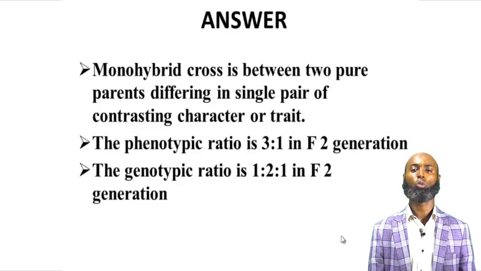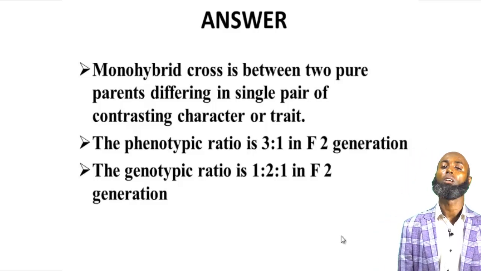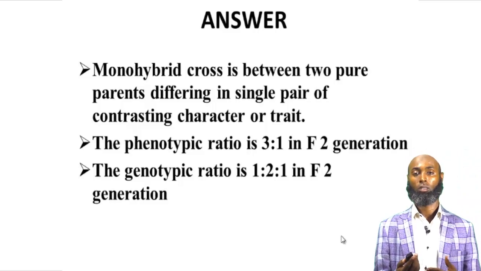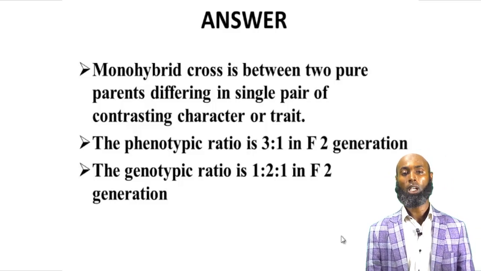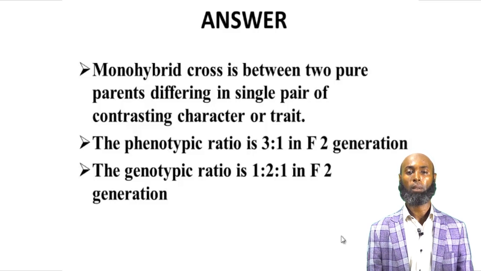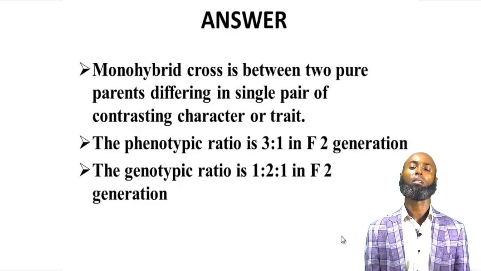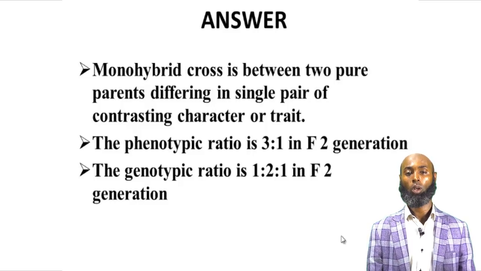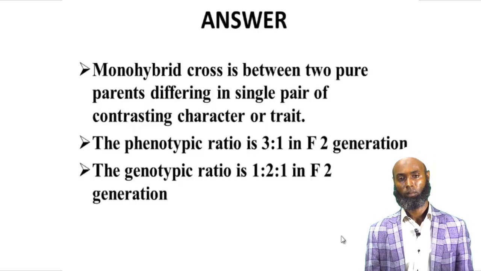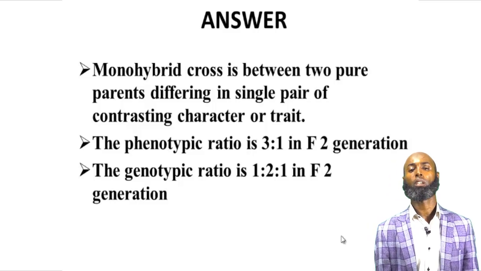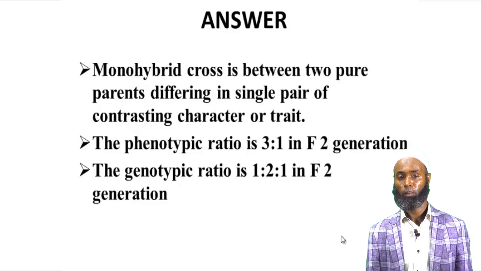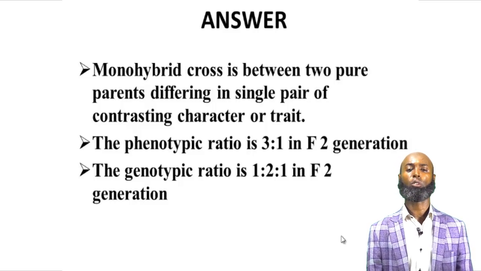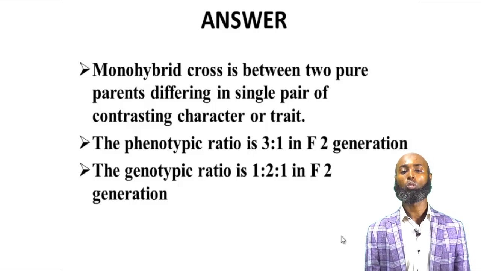We have seen in the F2 generation that 3 flowers were purple in color, while 1 flower was white. When we see the genotypic ratio, the ratio of the F2 generation was 1 to 2 to 1.